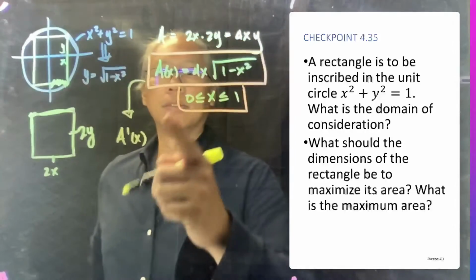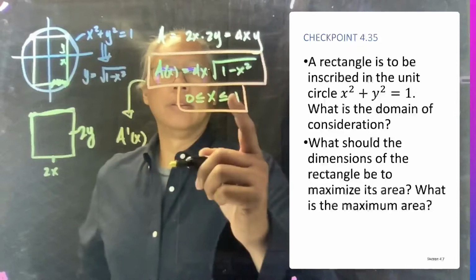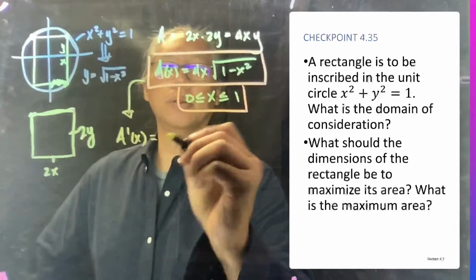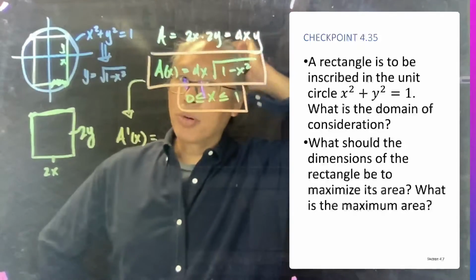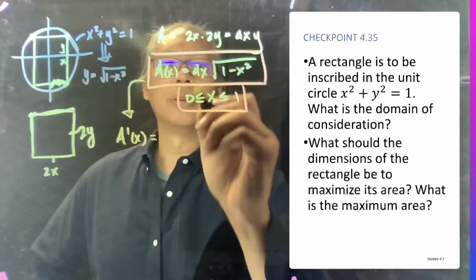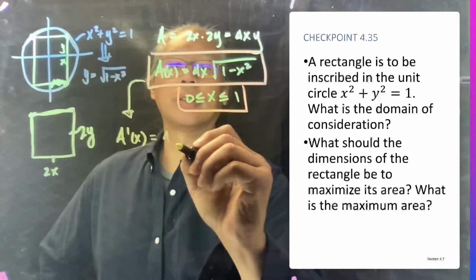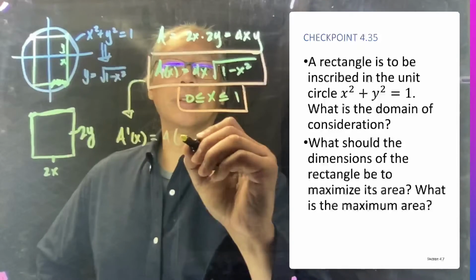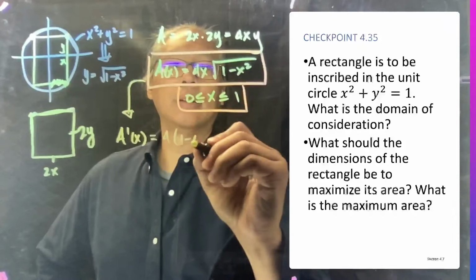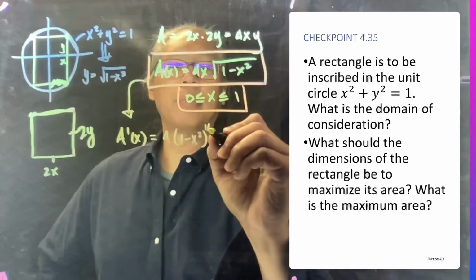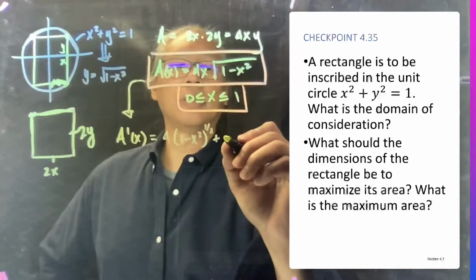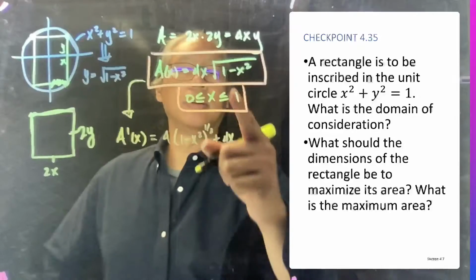The derivative, I can't get out of a product rule here, so let's do the product rule. It's the first derivative of the first times the second, 1 minus x squared to the 1/2 power, plus the first, which is 4x, times the derivative of the second.